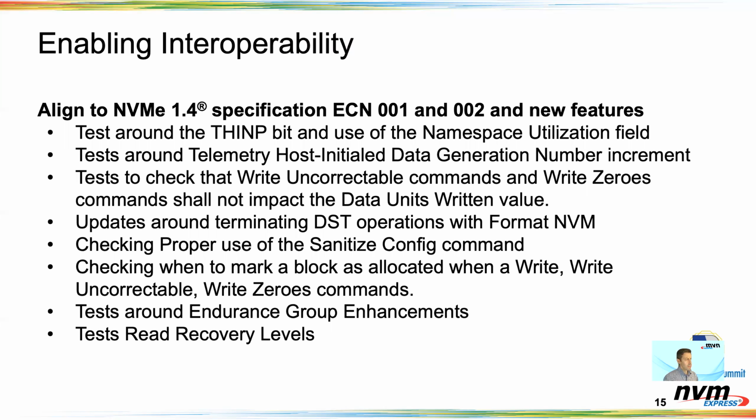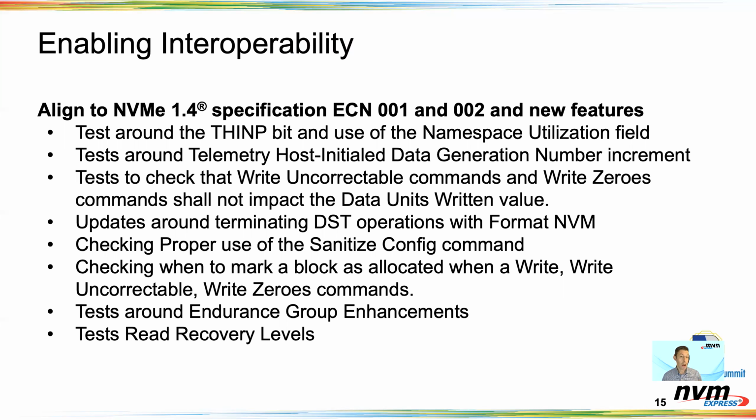And now some tests around the data units written value. So data units written is essentially a number that allows you to understand how much data has been written to this drive, how much life does it have left, how much has it been used. And it's important to understand what kind of events cause that number to increment and what do not, right?